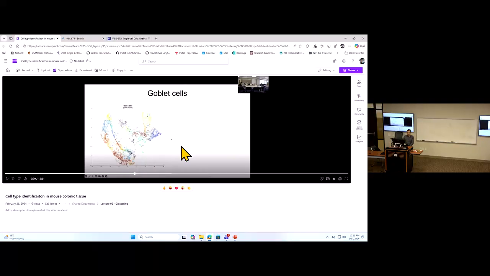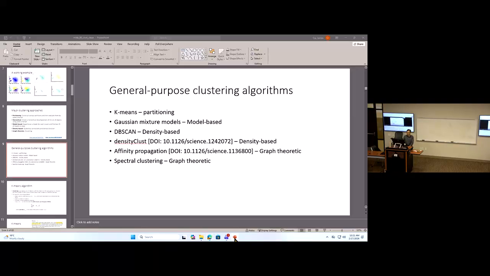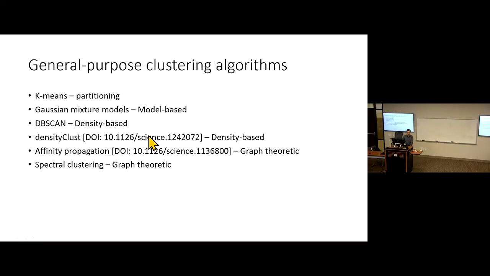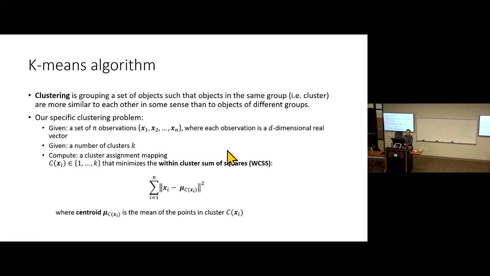So k-means is the most important general purpose partitioning-based clustering algorithm. This is the mathematical description of k-means clustering. It is a grouping of a set of objects or data points, so that objects are in the same group. The final goal is that you set up this membership.